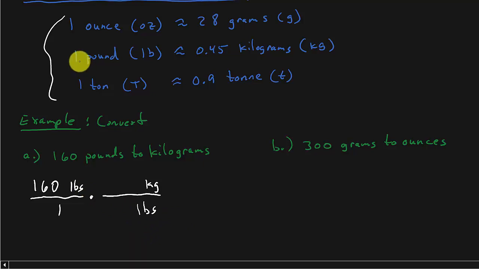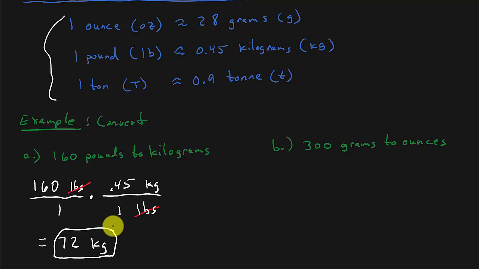I know 1 pound is 0.45 kilograms. You can see the pounds cancel, and this ends up being about 72 kilograms.